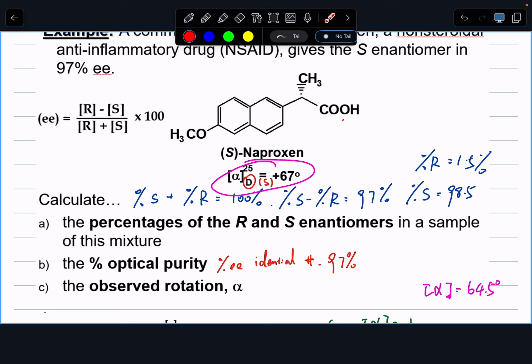And on the top, that's your major minus minor. So what do we know here? We know that my major plus minor equals 100. We know my major minus minor equals 97.